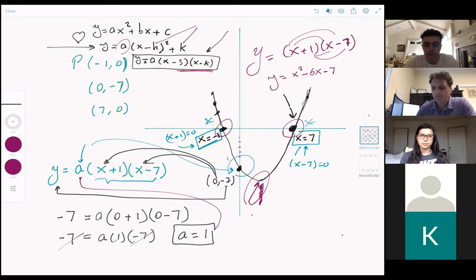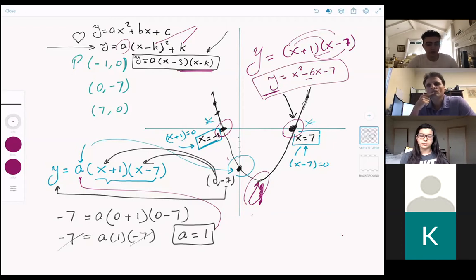If they said make it a vertex form, from here you have to take b divided by 2, square it, and complete the square. Just follow the rules for it. Okay, what's the next question?